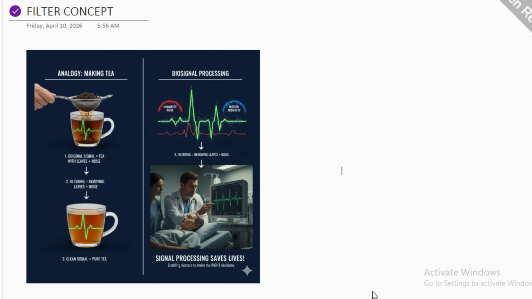A clean cup of tea. Now compare this with signals. The original signal is like tea with leaves, and noise is like those leaves. Filtering removes the noise and gives you a clean signal.